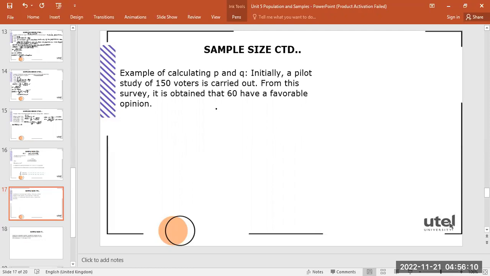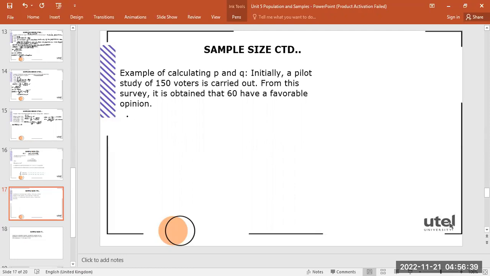The P is simply trying to tell us the number of entities in our population that have the desirable attribute. So in other words, 60 have a favorable opinion that the voting exercise or the election is going to go on peacefully and to be conclusive, while the remaining number have an opposite opinion.